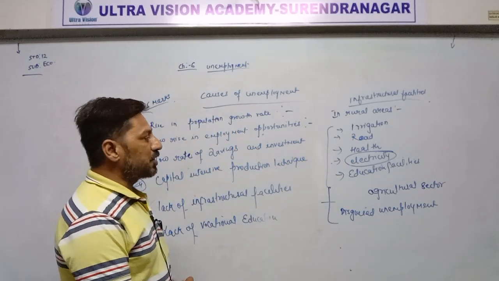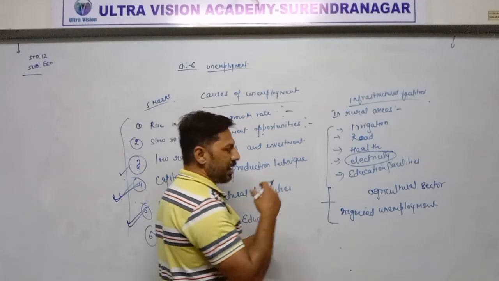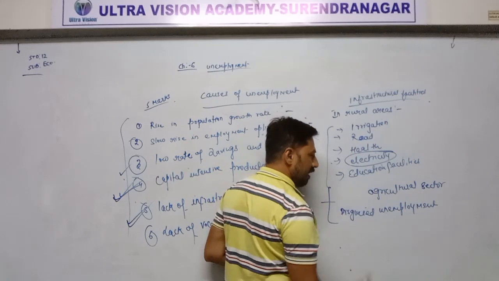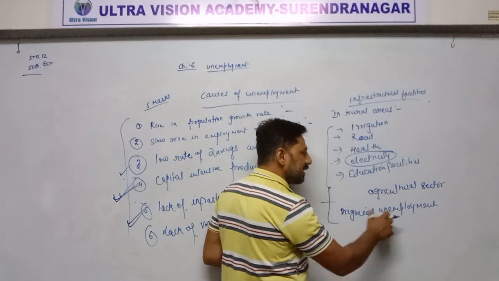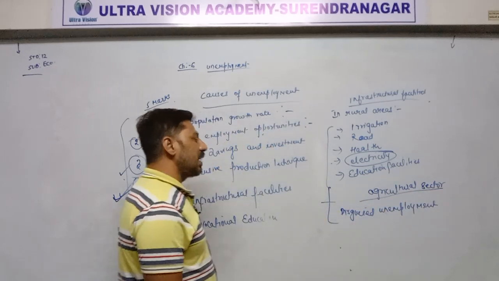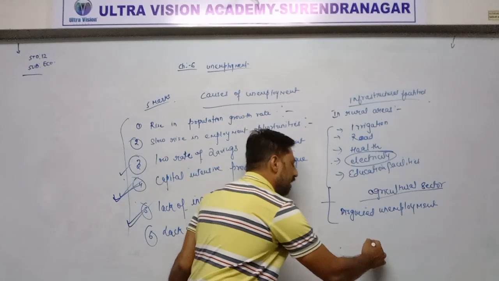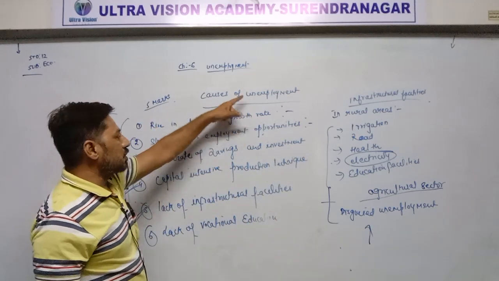That's why industries are not interested in establishing business units or any kind of industries in those areas. As a result, the population burden increases in the agricultural sector. It means the rate of disguised unemployment increases here. So this is also one of the causes of unemployment.